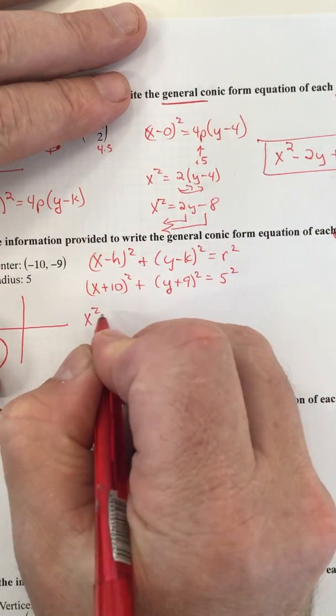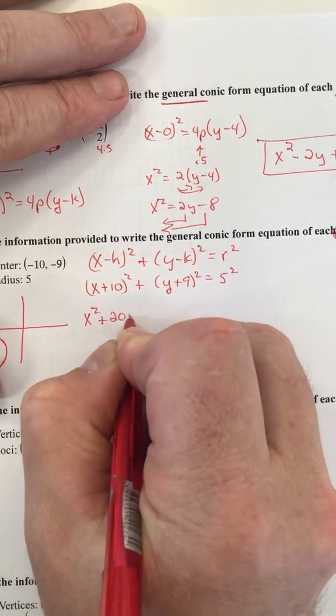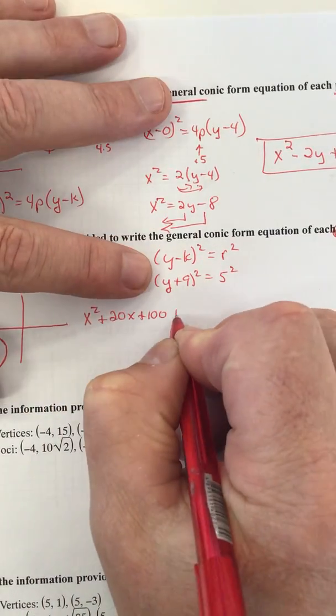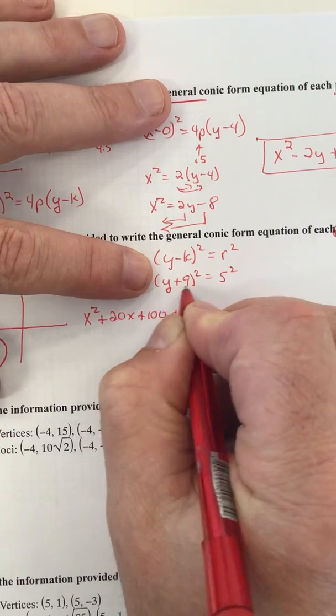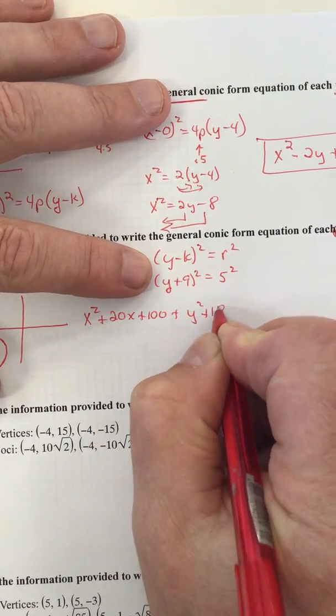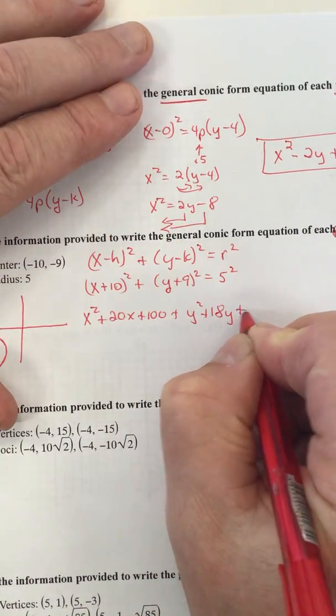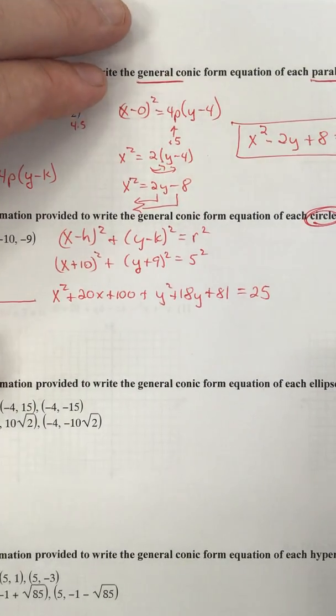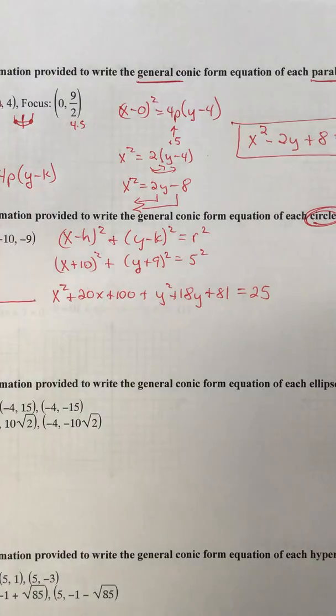So x squared, double the middle, 20x, square the last, 100. Y squared, double the middle, so 9 doubled is 18y, square the last one. And now just organize it. The highest power, alphabetical first.